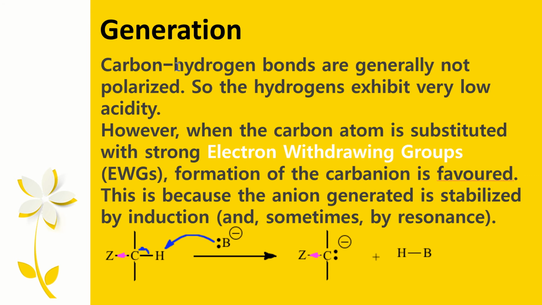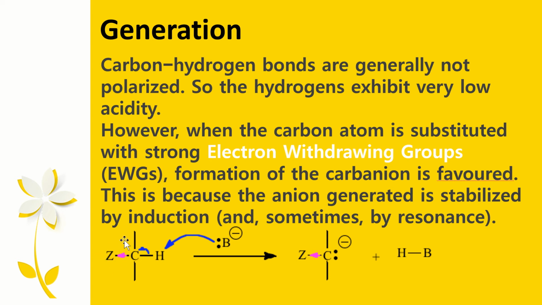So generally, carbon-hydrogen bonds are not polarized, so the hydrogens exhibit low or very low acidity. However, when the carbon atom is substituted with a strong electron withdrawing group, formation of the carbanion is favored. This is because the anion generated is stabilized by induction and sometimes by resonance. So if you'd recall, this is the direction of the electron movement, right? So this arrow is showing induction.